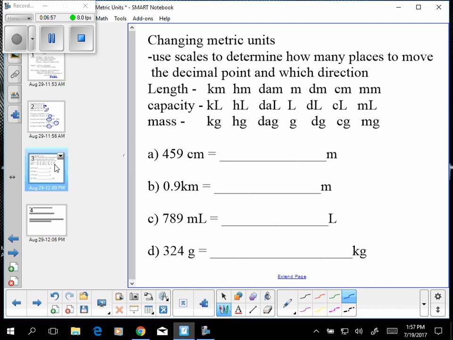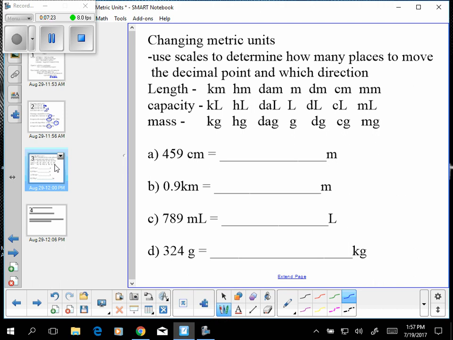Now it's the same basic prefix, the K, the H, the DA, and just the plain unit, then the D, the C, and the M. We just interchange what unit we're talking about. So it's kiloliters, hectoliters, decaliters, liters, deciliters, centiliters, milliliters, kilograms, hectograms, decagrams, gram, decigrams, centigrams, milligrams.